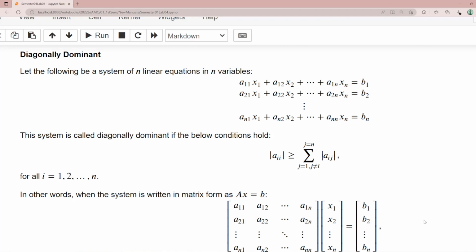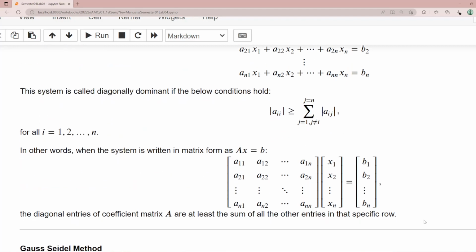Now this system is called diagonally dominant if the condition holds that the absolute value of aii for the ith variable is greater than or equal to the summation of all the other coefficients except the diagonal.